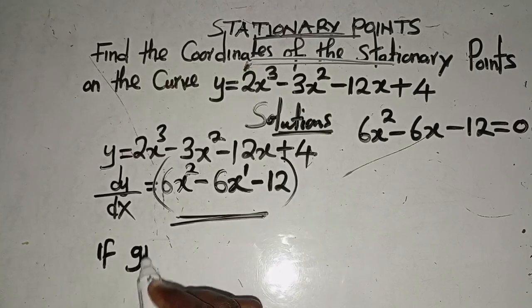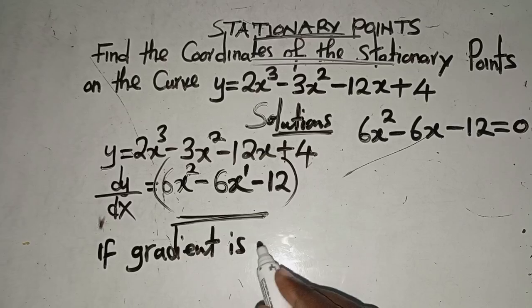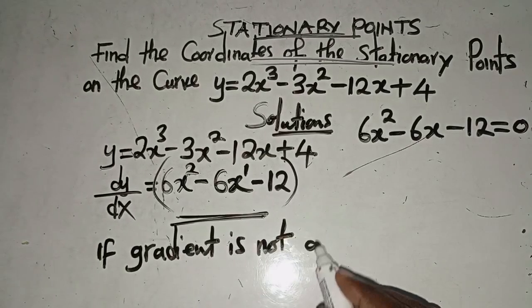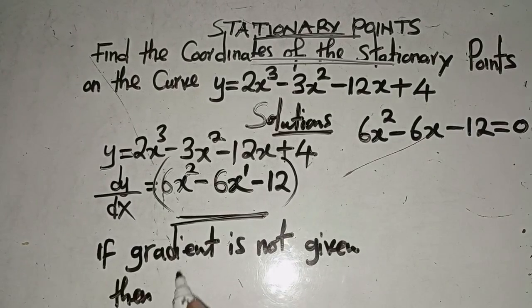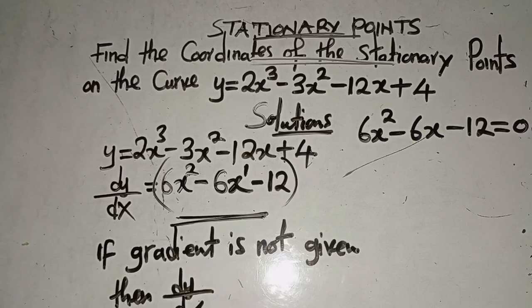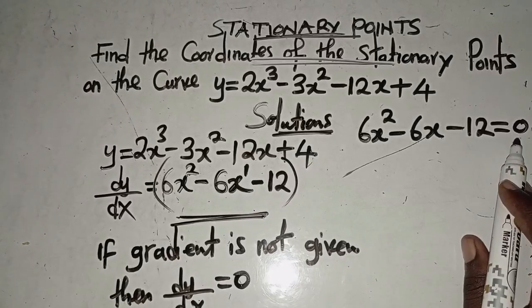If the gradient is not given, then dy/dx is equal to 0. That is the 0 that I've put there.